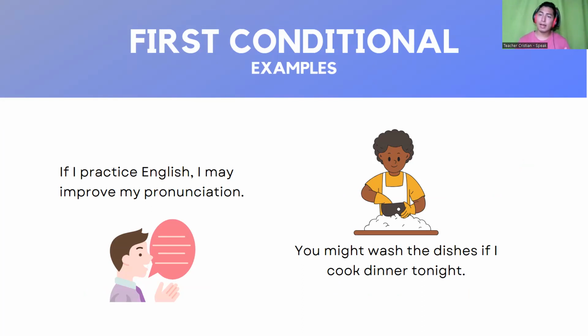Maybe you feel that learning English sometimes is difficult or sometimes is confusing. And well, you are right. In some cases, it's difficult to learn English or to practice English. Some other times, it is confusing to understand some uses of grammar tenses, but this is something that you have to take into account.